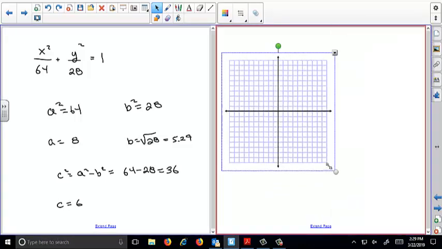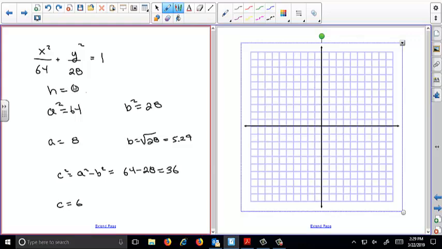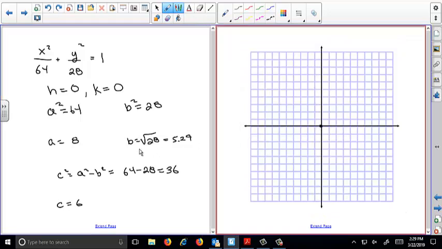Again, because we don't have anything, we don't have quantity of x plus or minus something, the center is again the origin. So we can plot the center. And then we'll count over 8 units to the left and the right to find the vertices. 1, 2, 3, 4, 5, 6, 7, 8.